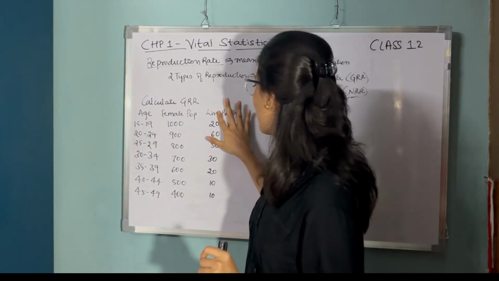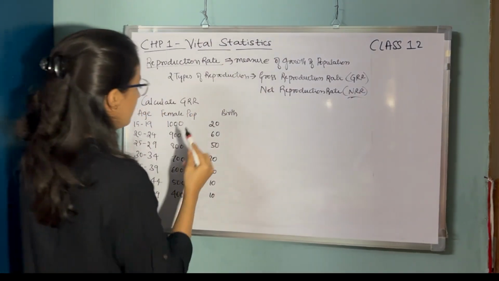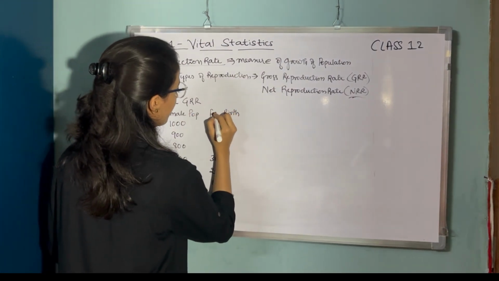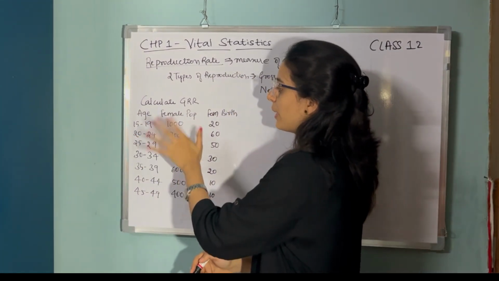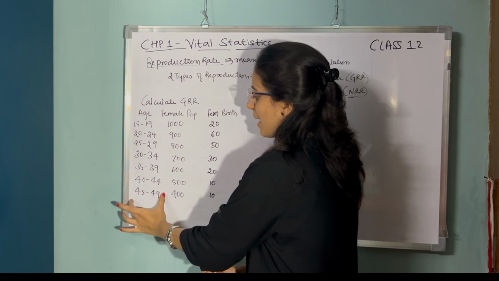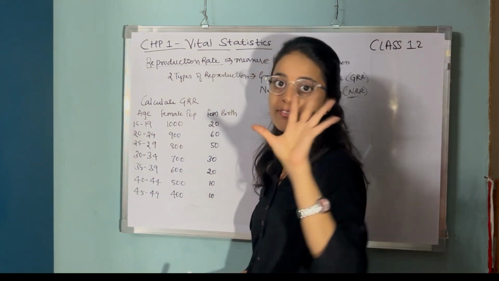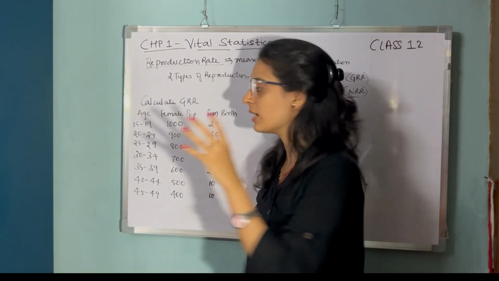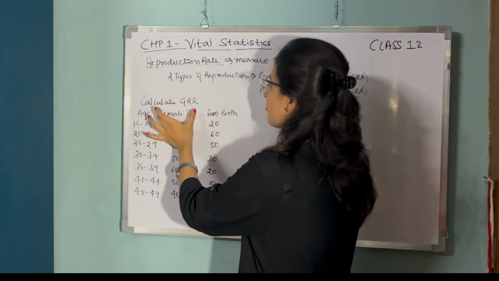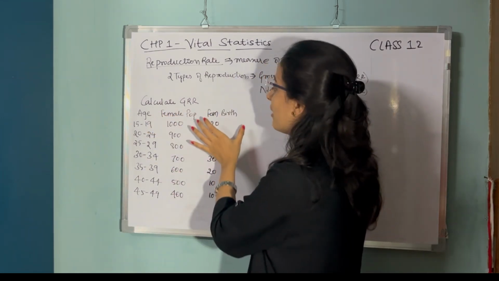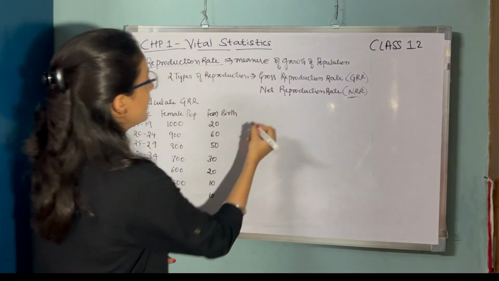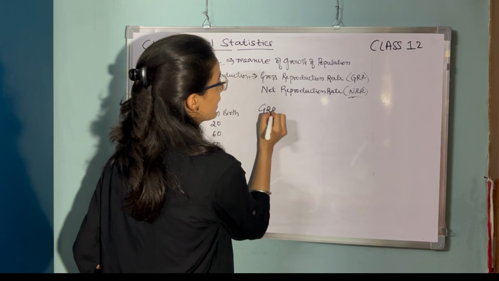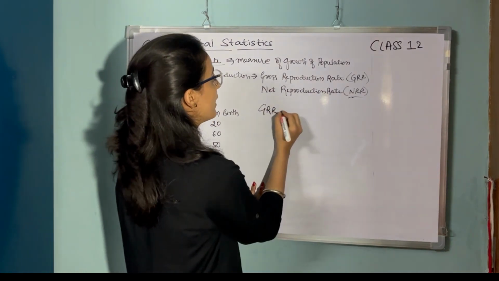The age group is quinquennial, with a width of 5. Calculation of GRR will be our heading.